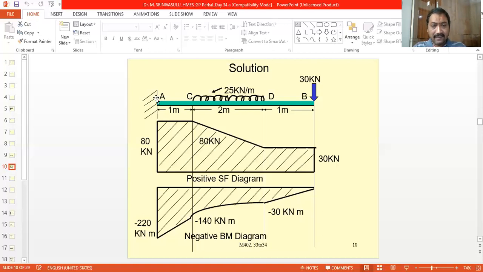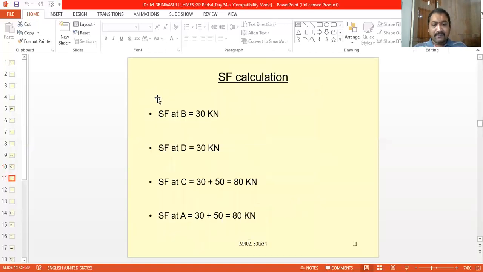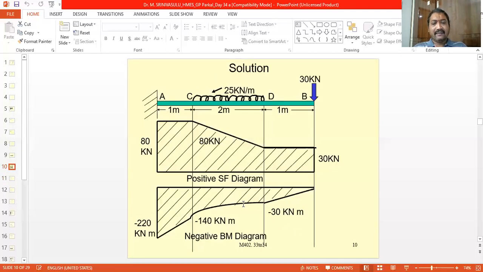Even otherwise, if you take the section here, to the right of the section we have two loads: the 30 kN point load, and the second is 25 into 2, which is 50. So 50 plus 30 is 80 kN. So the shear force at A and at C are both the same, that is 80 kN. Now we have all the values, so we can draw the shear force diagram. At B it is equal to 30. This is the zero line, and this is 30. Here at point D also 30. Next, at point C it is equal to 80.